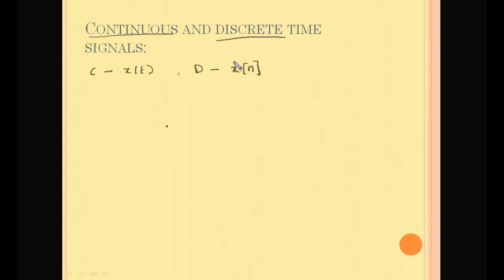The next question that comes to mind is whether there is any relationship between a continuous time signal and a discrete time signal. Yes, there is. We obtain a discrete time signal from a continuous time signal by performing the sampling process.